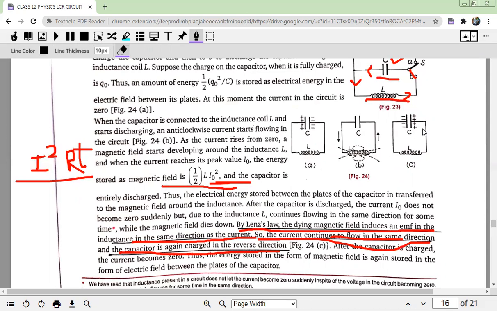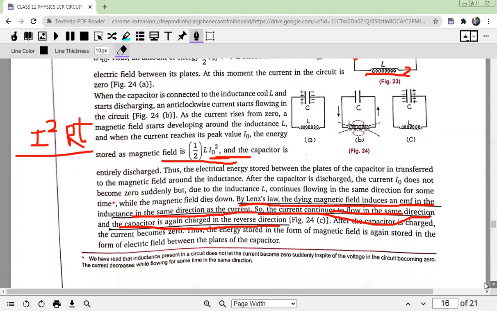The same thing will take place. The current will start flowing in this direction. It will flow from this plate to this plate, as I am showing here, opposite to the earlier direction. Its magnitude will continuously increase and become maximum here. Current flowing in the opposite direction becomes maximum.